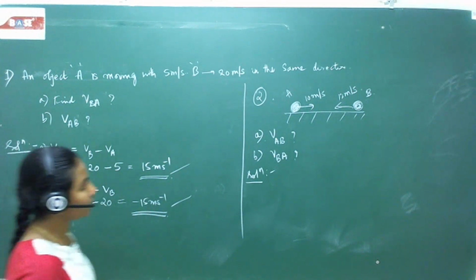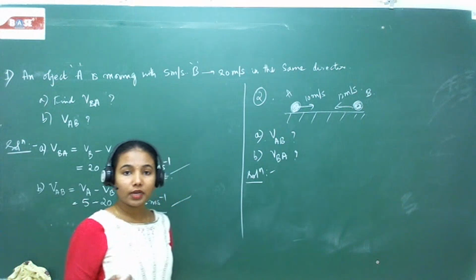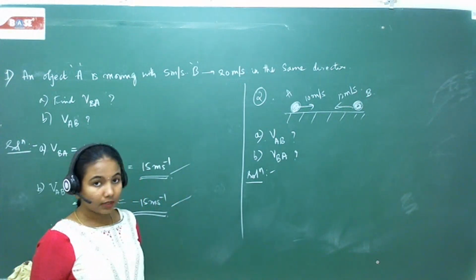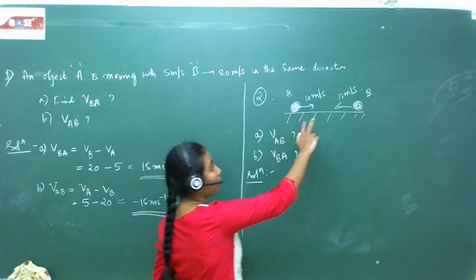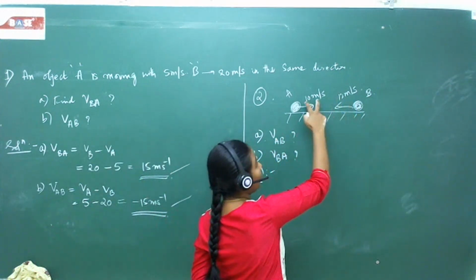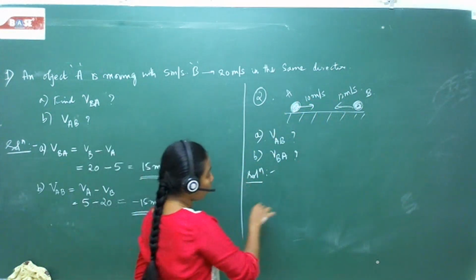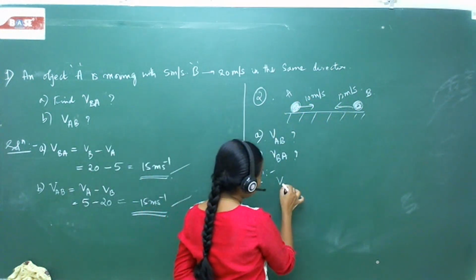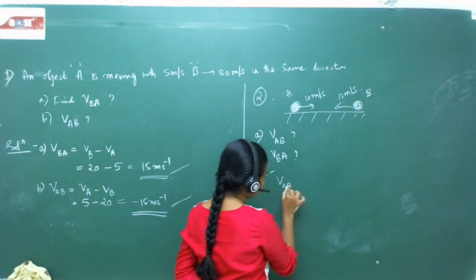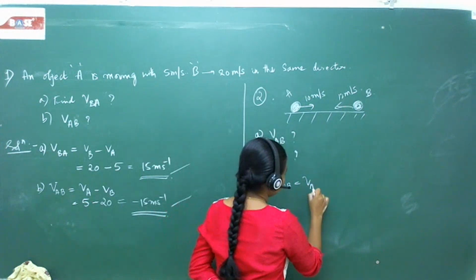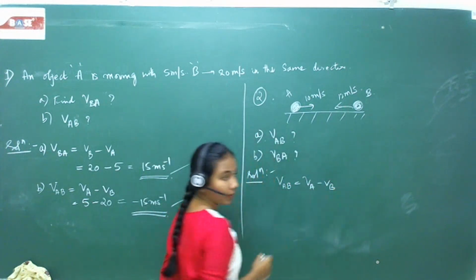So here you have to see that since they are going in different directions, right, I said to add them. But B's velocity is greater and A's velocity is smaller, right? If you want the relative velocity of A with respect to B, generally we write VA minus VB, right?